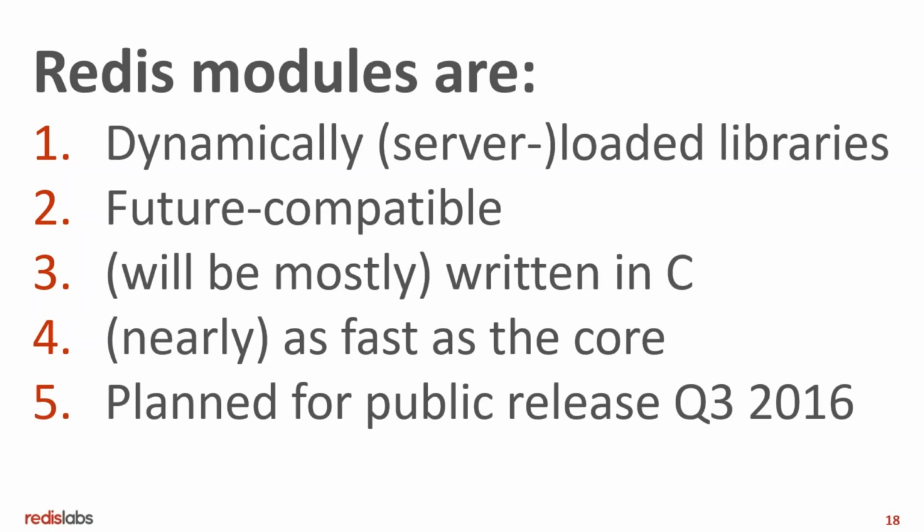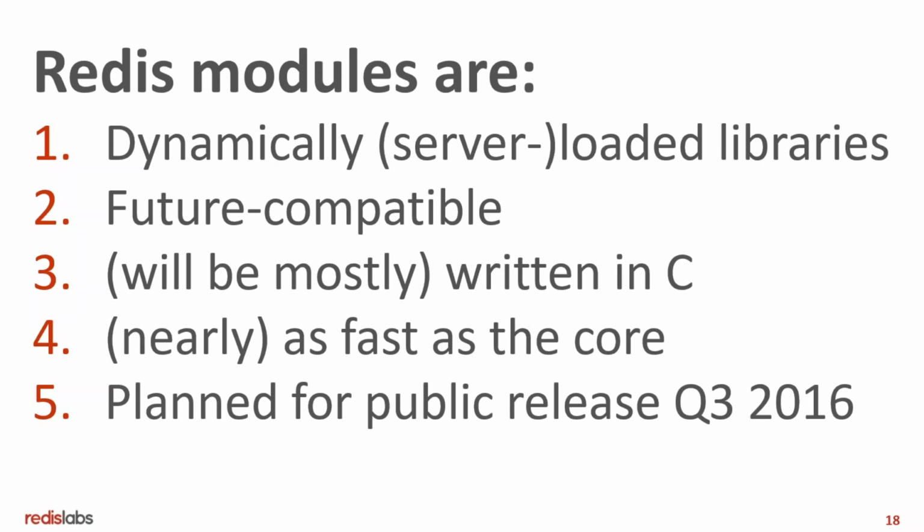Redis modules are actually just libraries. These are dynamically loaded libraries that the server can load upon request. They are future compatible in the sense that the API that they expose and the binaries are fully backward compatible, so you can write your module today and know that future versions of Redis will work with it without a glitch.